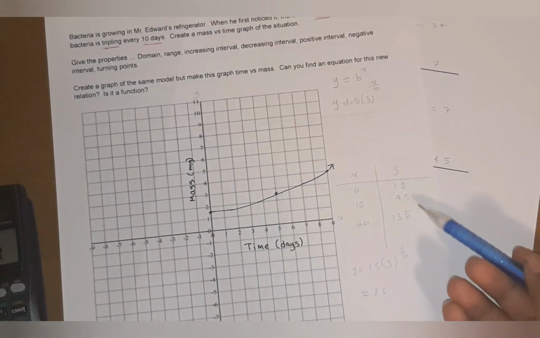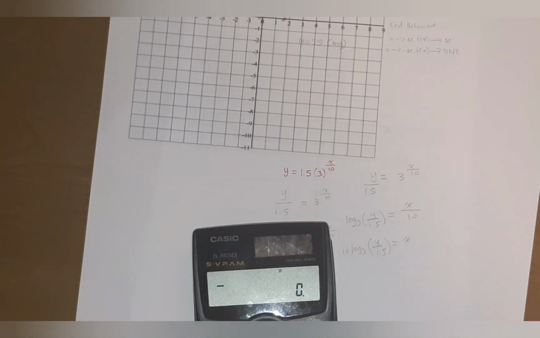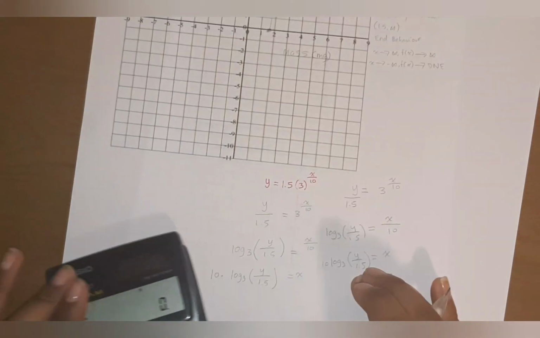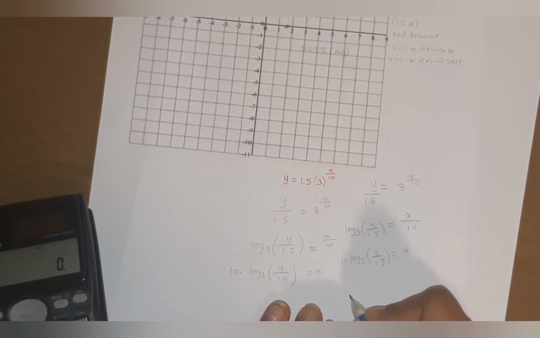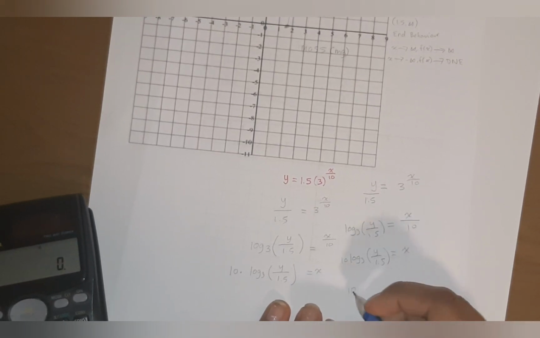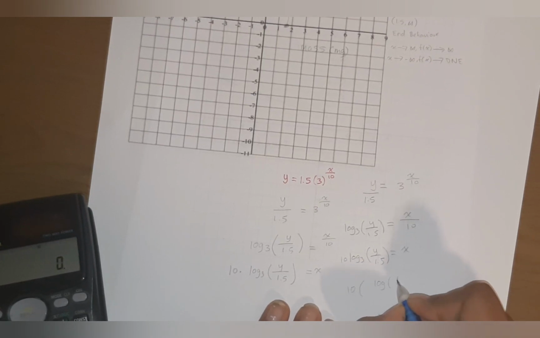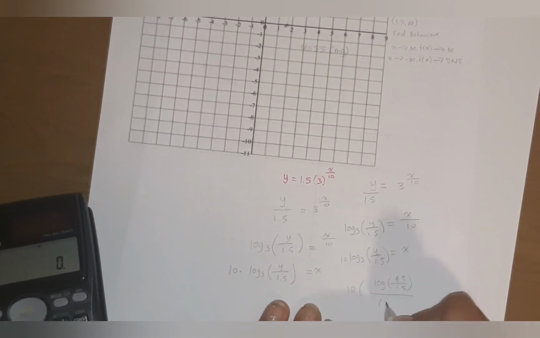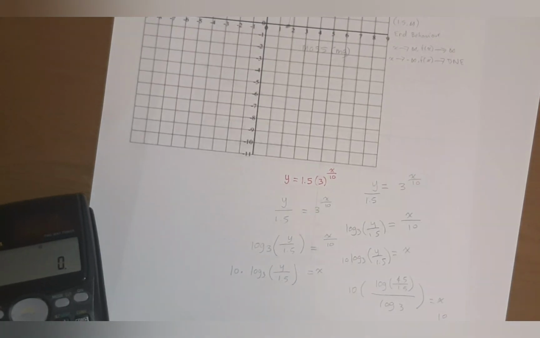So, for example, if I put in a 4.5 for the y, let's see what it actually gives us. The way I would plug that into my calculator would be like this: 10 multiplied by log of 4.5 over 1.5, over log of 3, and this would give us an x, and it should give us 10, but let's see.